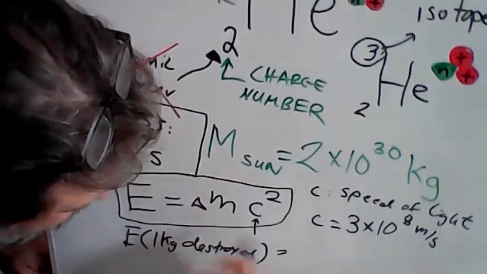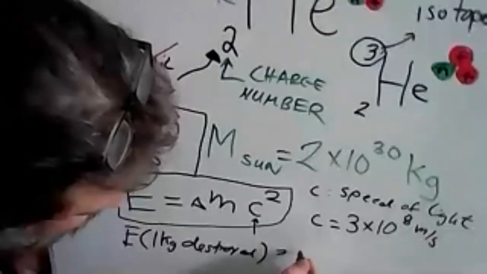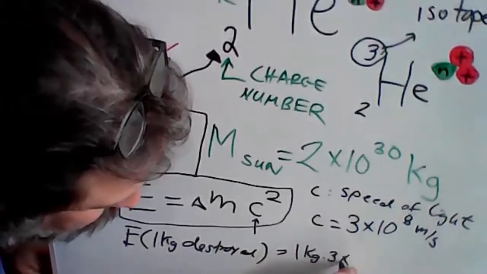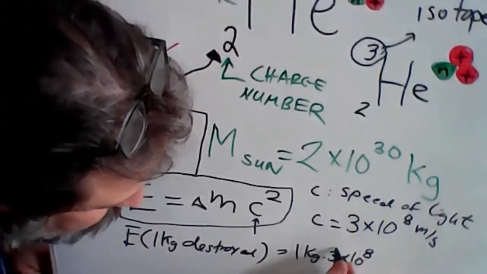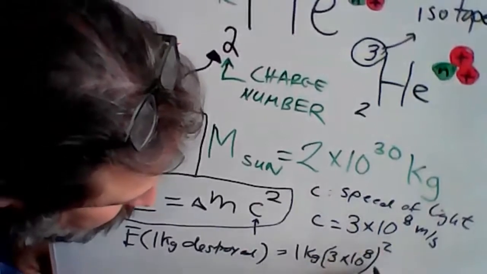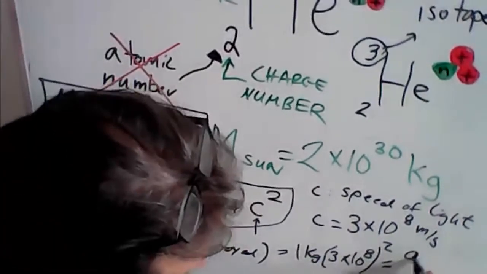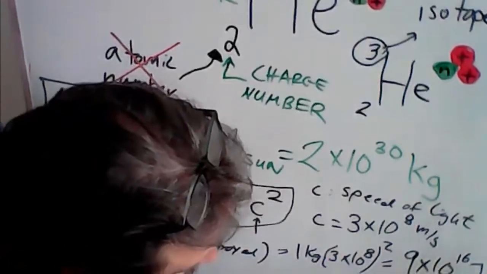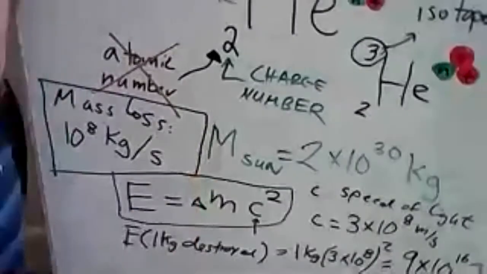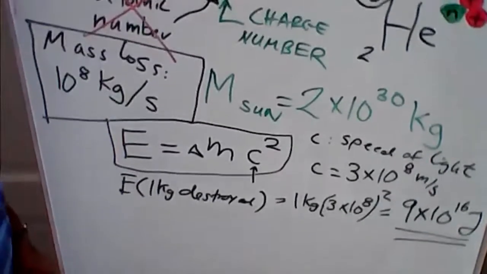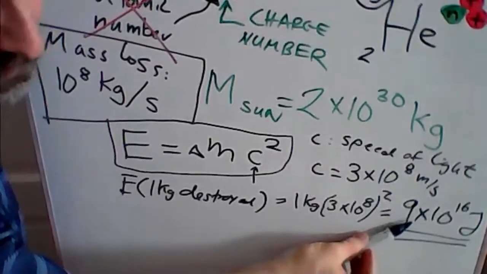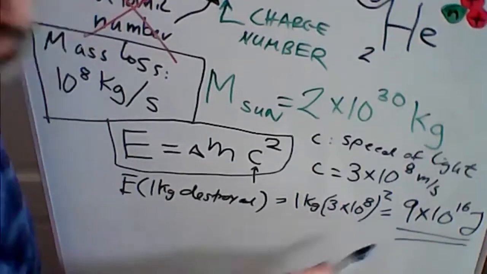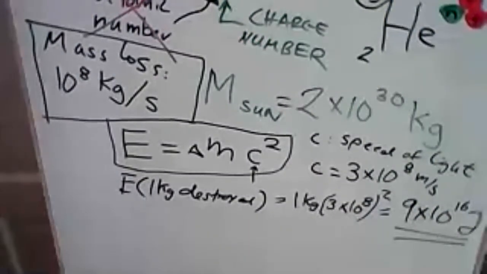It would be 1 times 3 times 10 to the 8 squared. Well, that would be 9 times 10 to the 16 joules. So that's how much energy we would get from just turning 1 kilogram of mass into energy.